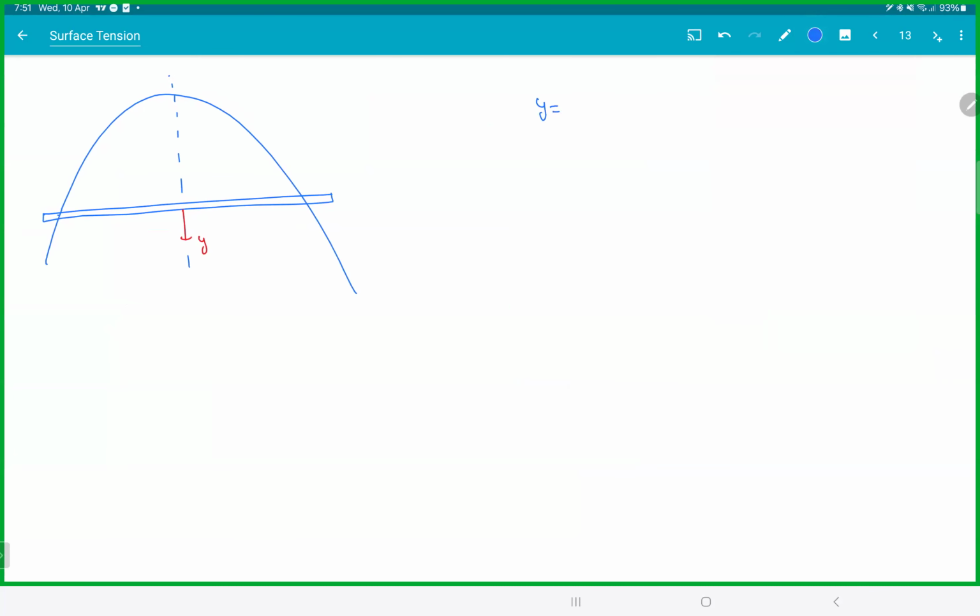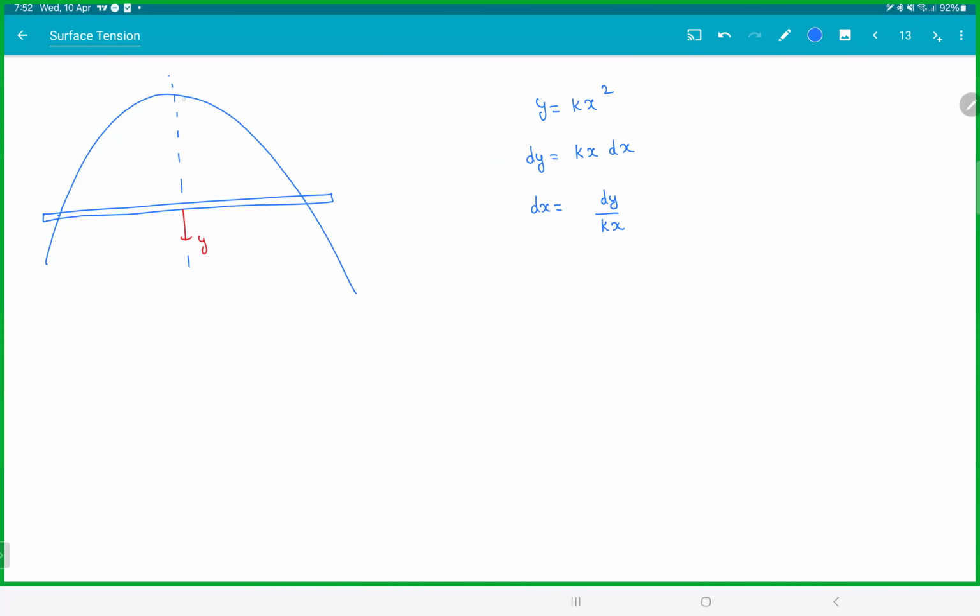Now let's find the relation between them. So when you say y is equal to kx square, try to understand dy will be 2kx dx. So dx is nothing but dy by 2kx. So this is the change in x coordinate basically.